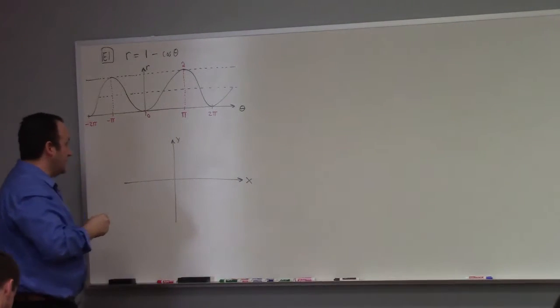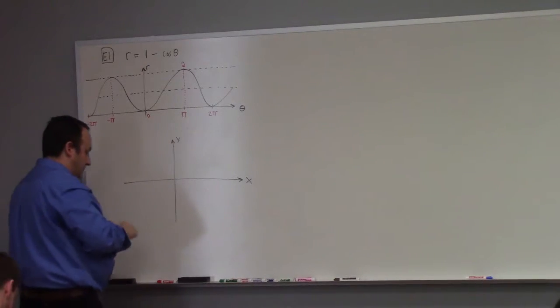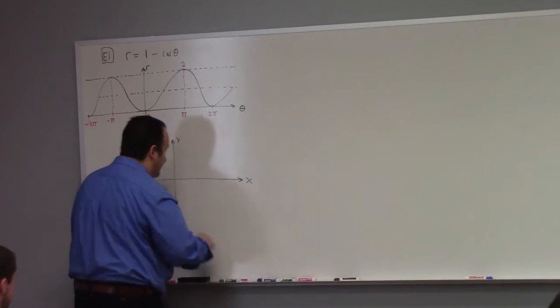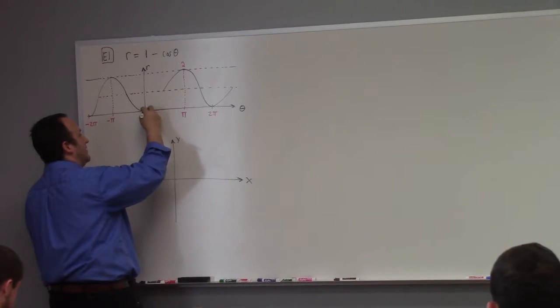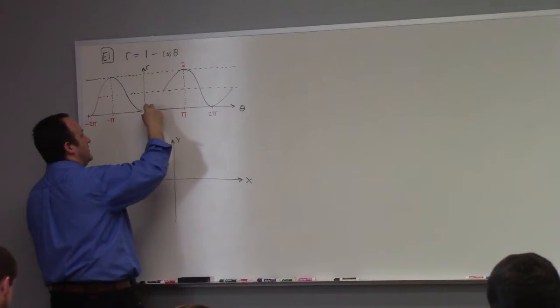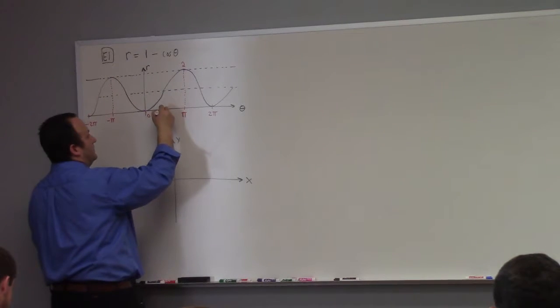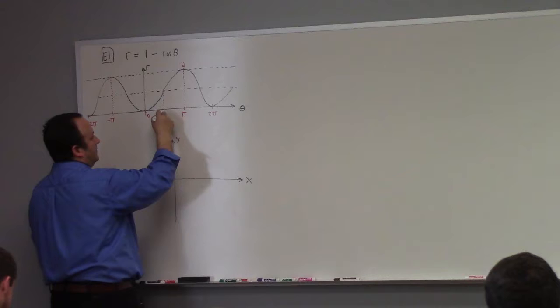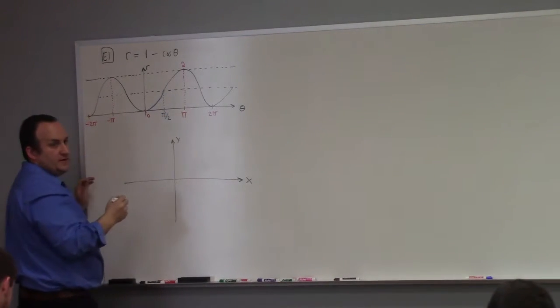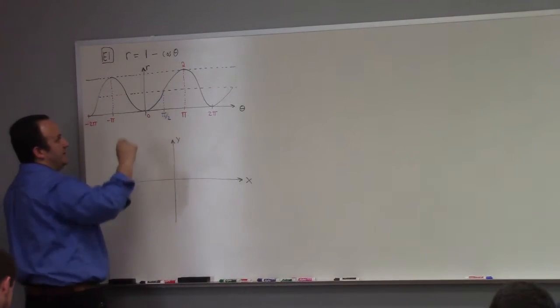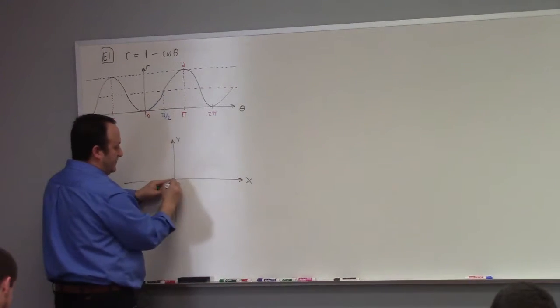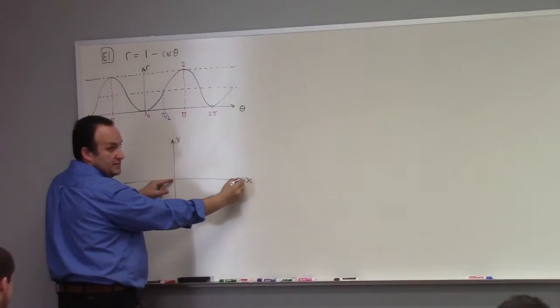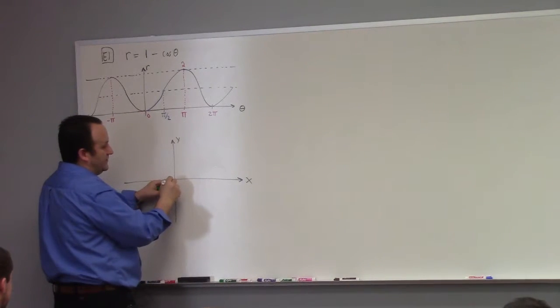I'll just focus my attention on a little piece of it at a time. So let's say we focus on this arc from 0 to pi over 2, right? That little blue arc in the r-theta graph is going to describe what our curve does between theta equals 0 and theta equals pi over 2.